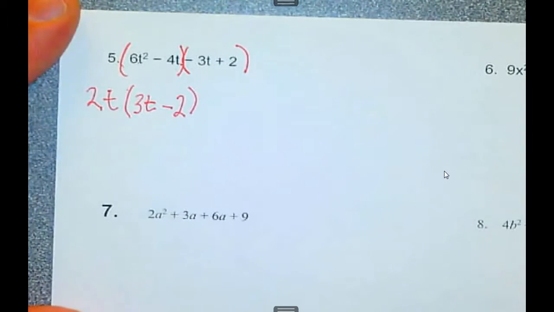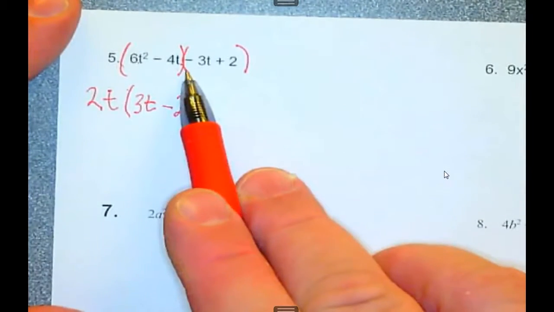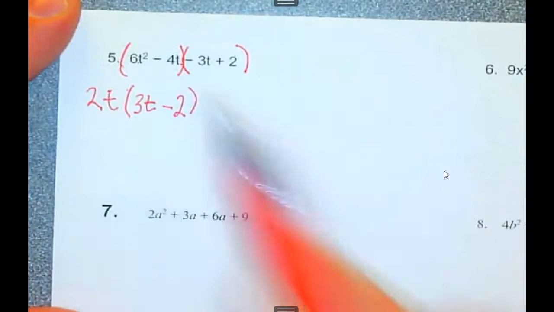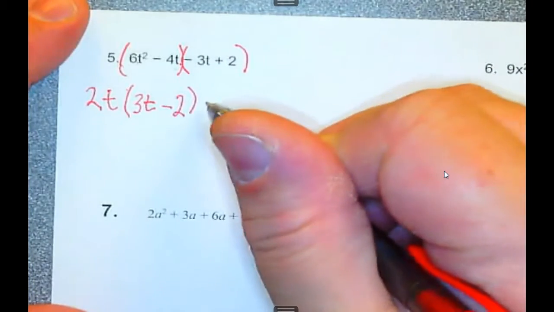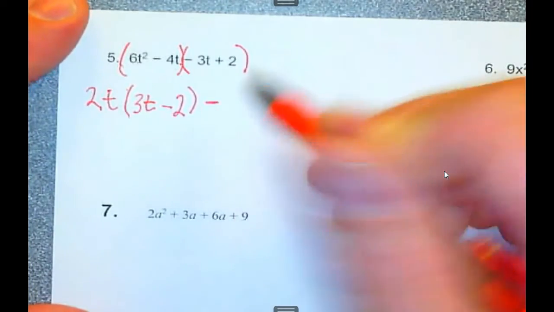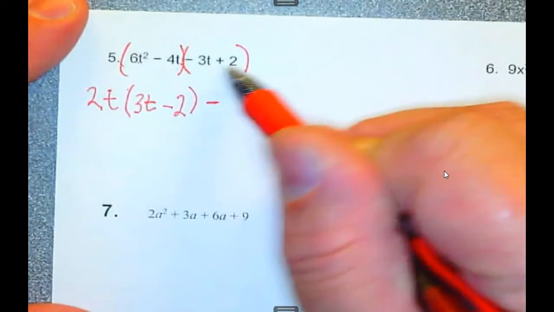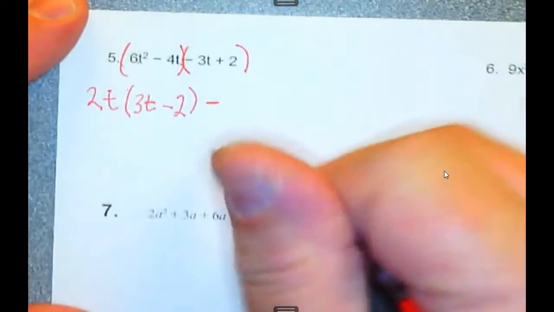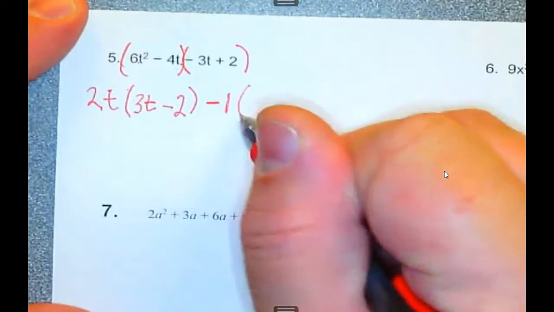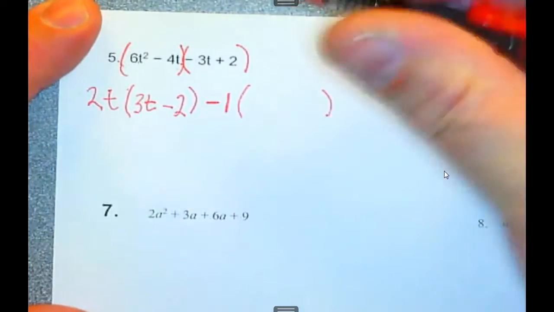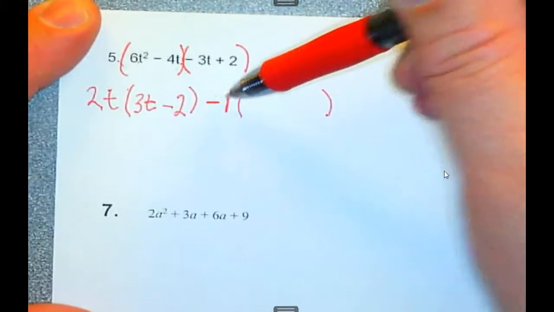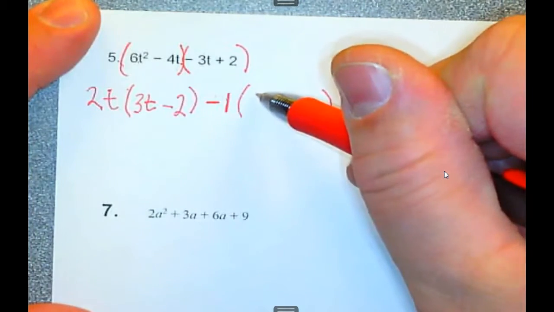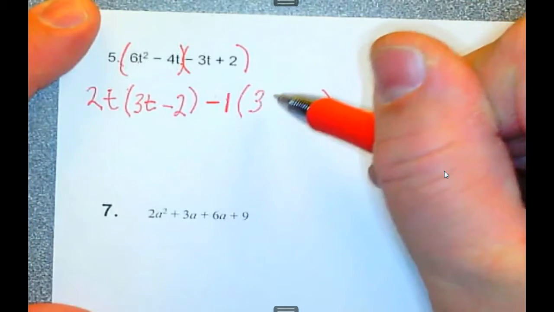Okay, now the second pair. And the reason why I put that minus sign in here is so that I don't forget to take out a minus. So I'm going to take out a negative, and the only thing I can take out of 3t and 2 is a 1. And I'm left with, well, negative 3t divided by negative 1 is positive 3t.